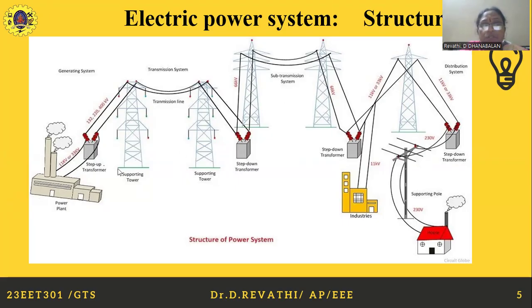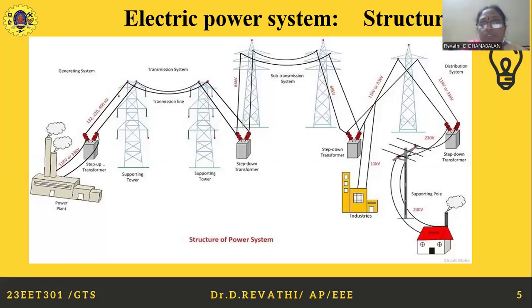Let's see. Here I have also shown the picture of a power system. See the power plant here. From the power plant, the voltage produced is more or less 11 kV or 33 kV. These kV levels are what is produced at the power plant, and that is not sufficient to transmit.